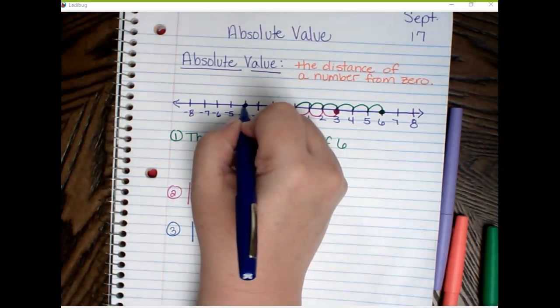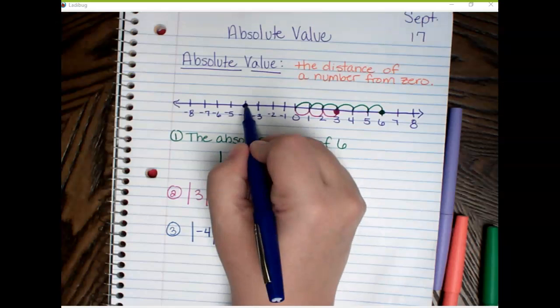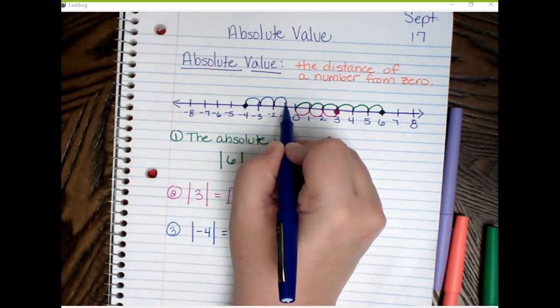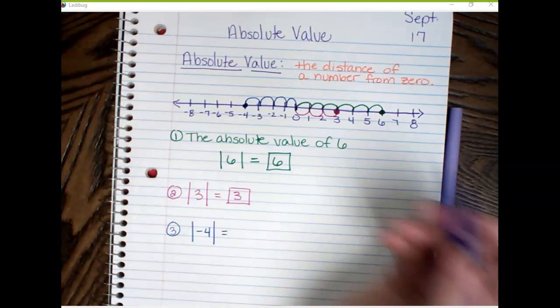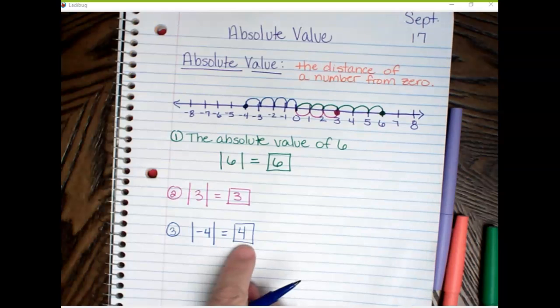I'm going to plot negative 4, and I'm standing on negative 4, and I have to count how far I have to walk to get to 0. 1, 2, 3, 4. So it still took 4 steps. Did it take negative 4 steps? We don't take negative steps, do we? It just took us 4 steps to get back to 0.